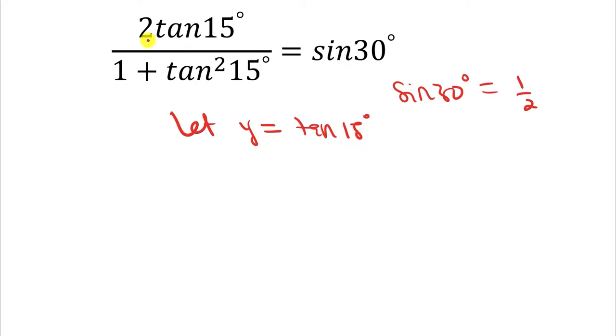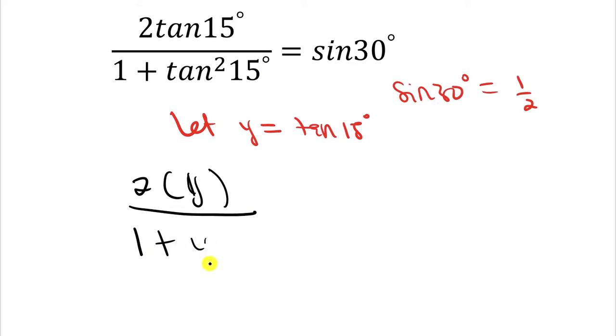For the numerator, we get 2 times y, because that is where we have our tan 15. So 2y over 1 plus y squared, since tan squared 15 degrees becomes y squared, equal to 1 over 2.